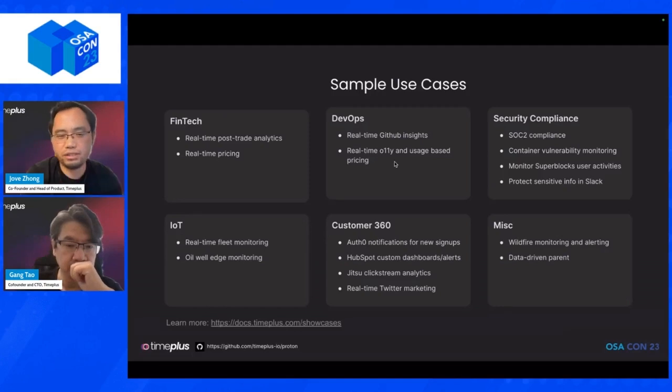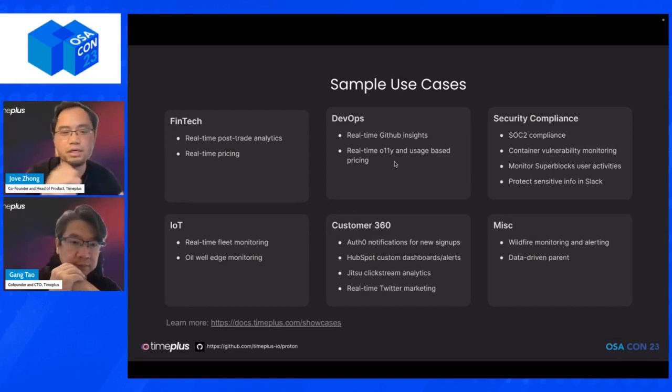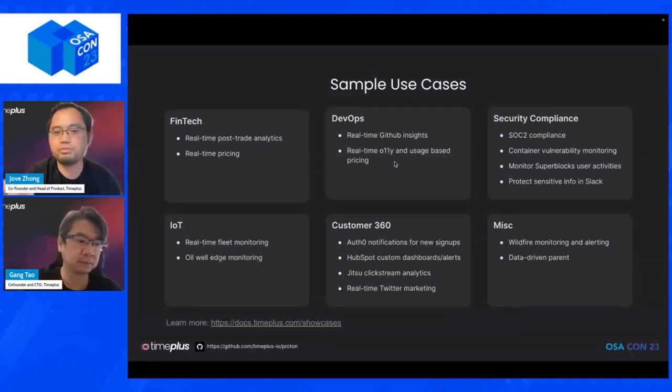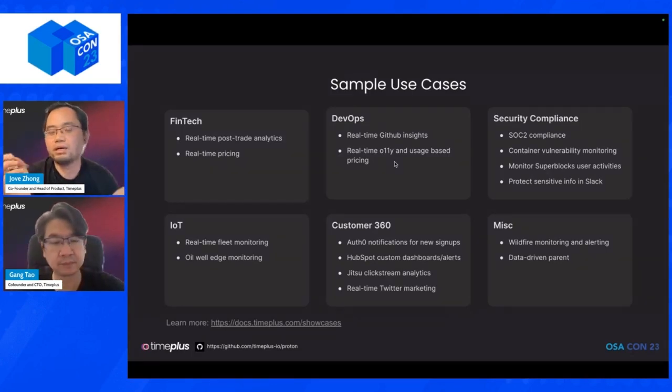Some IoT customers monitor their fleets on the road or trucks, or monitor thousands of wells at sites, which need some edge computing and consolidating data back to the central data center or micro data center. Others include customer engagement, social listening, or security.